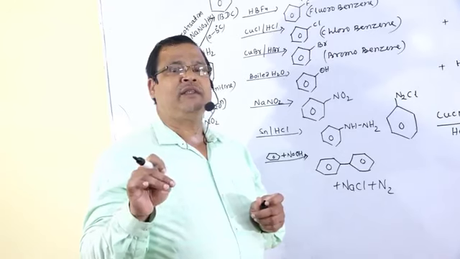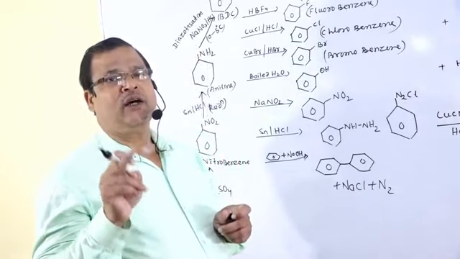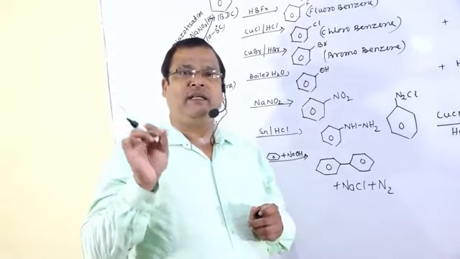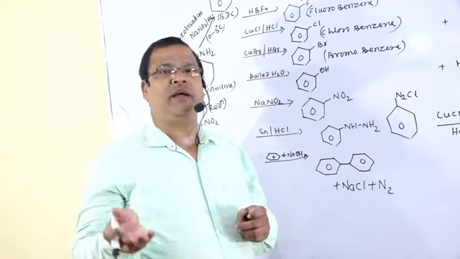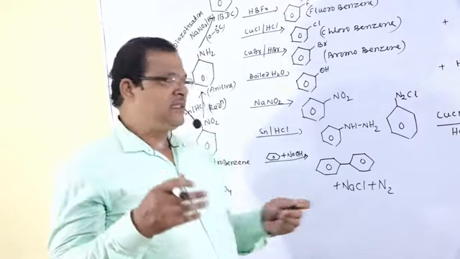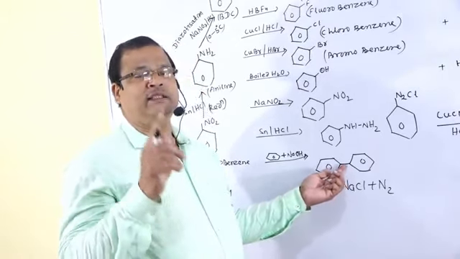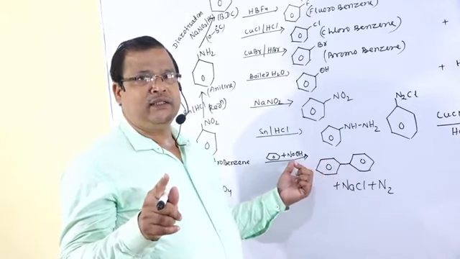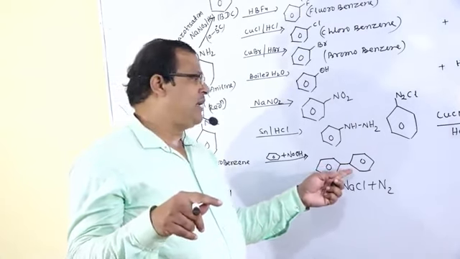Another method is the Fittig reaction, where chlorobenzene or bromobenzene is treated with metallic sodium in dry ether. There is the formation of biphenyl. And this is also another method for the preparation of biphenyl: BDC treated with benzene in presence of alkali, that is NaOH, to form biphenyl.